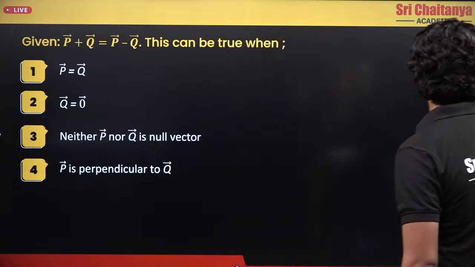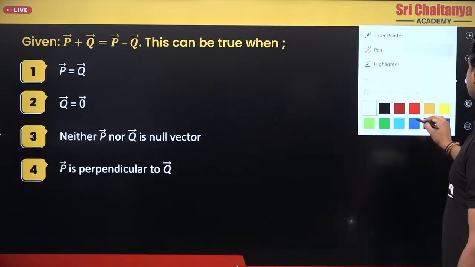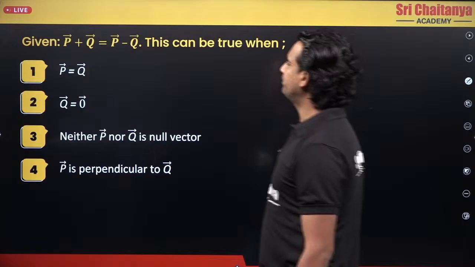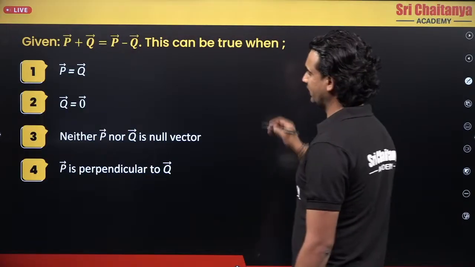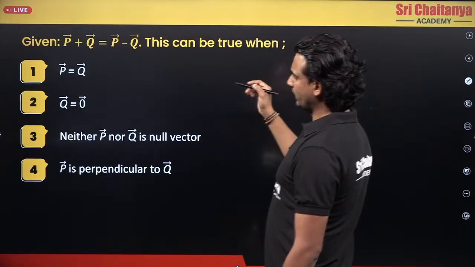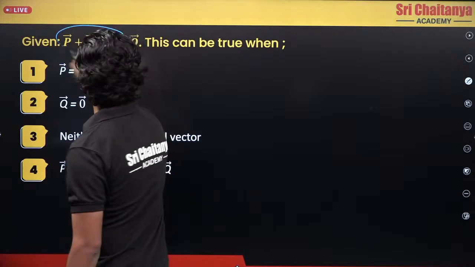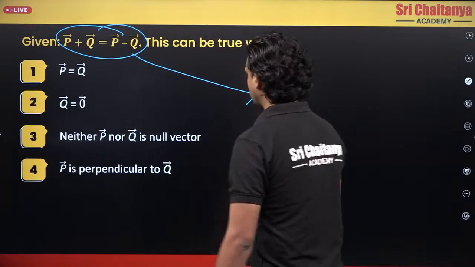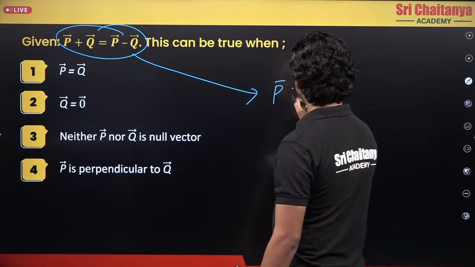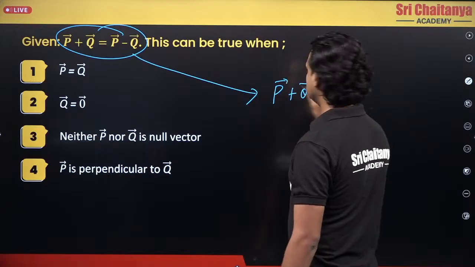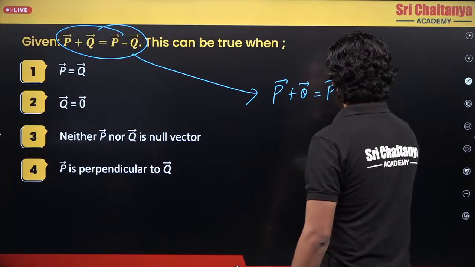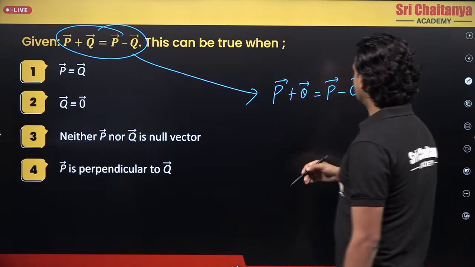Correct. Next, it is given that the magnitude of p plus q is equal to the magnitude of p minus q, so what can be true? So how can I solve this question? Let's write this here. So p plus q is equal to vector p minus vector q. Correct. So what will this give me?